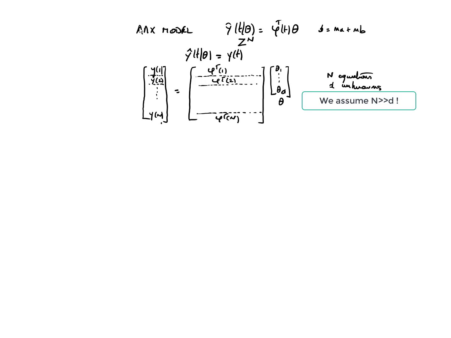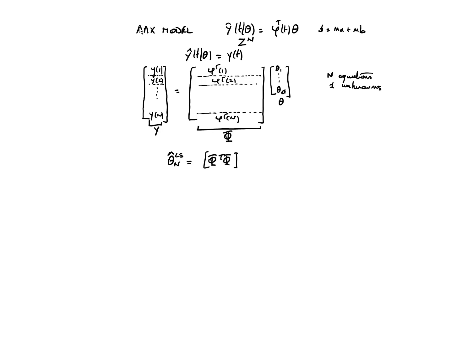So we've seen this. We'll call this y, and we'll call this phi. We know that theta hat is equal to phi transposed phi, inverse, times phi transposed y.